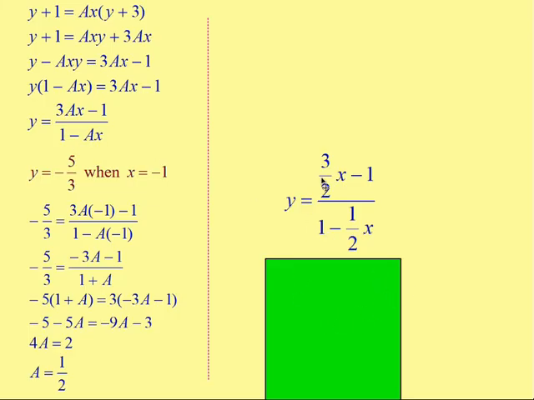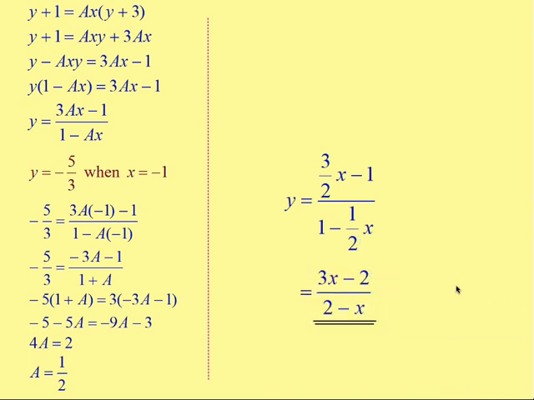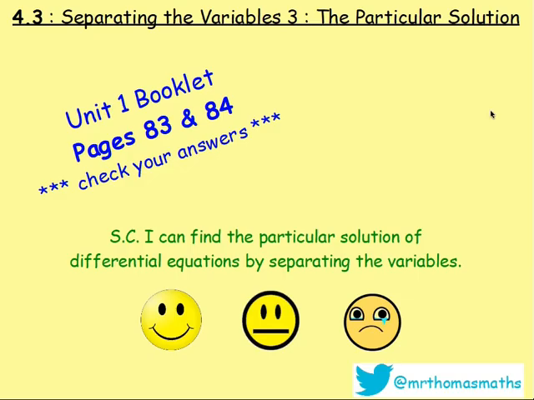Tidying that up slightly, if you take each term and multiply by 2, it will eliminate the fractions within the fractions, so we'd have y equals 3x take away 2 over 2 take away x. You're just multiplying each of these 4 terms by 2, and that will be your particular solution.